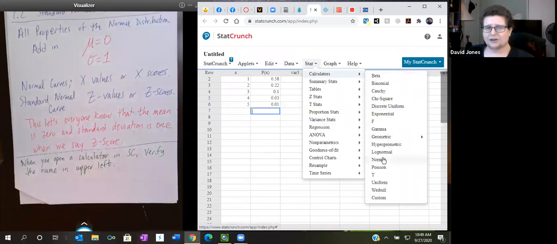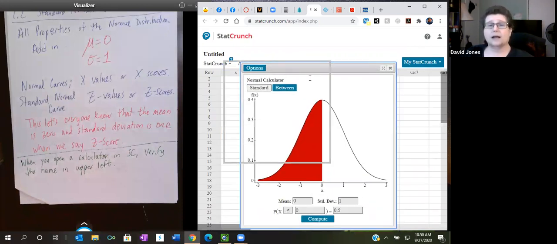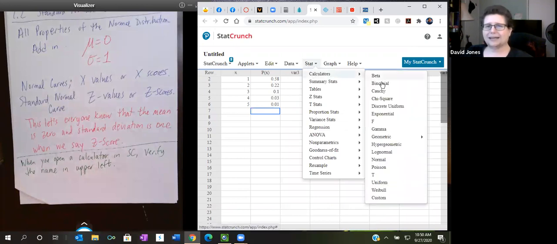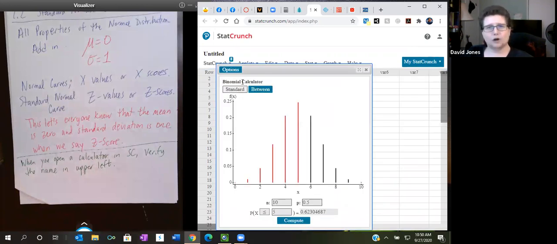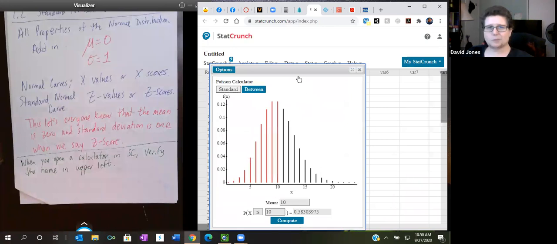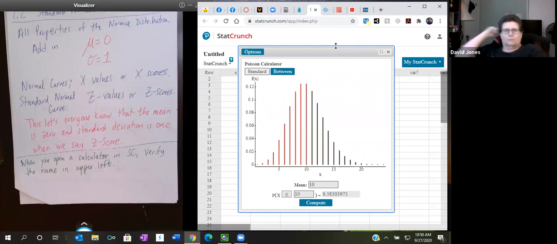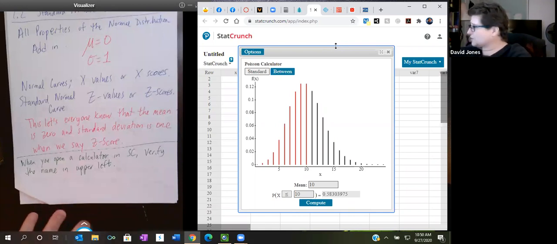Stats, calculators, normal is going to say normal calculator. It also applies to the standard normal. If I'm doing a binomial calculator, it says binomial. If I'm doing a Poisson calculator, it says Poisson. So it can help you make sure you're not using the wrong calculator. If you accidentally misclick and have the wrong calculator, it can make this a challenge for you.